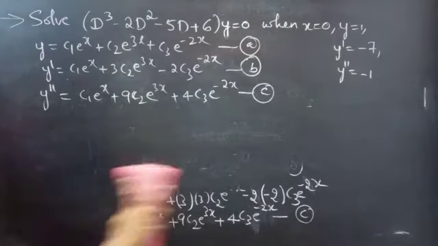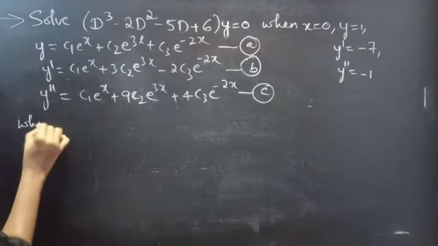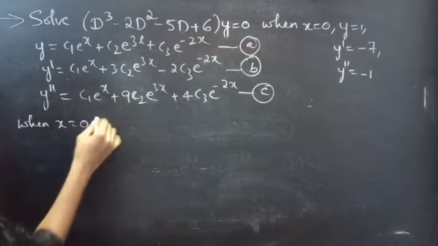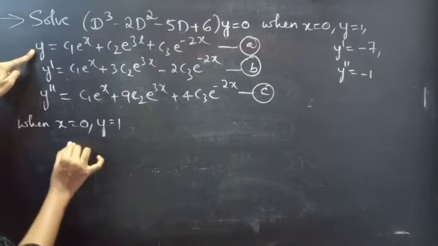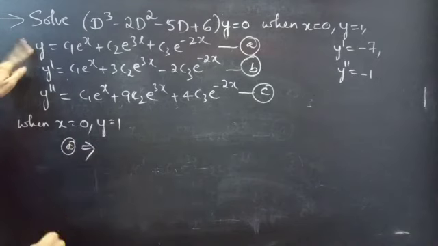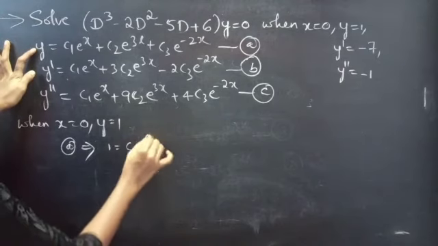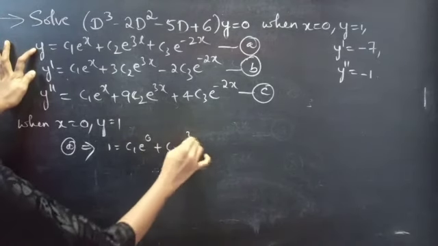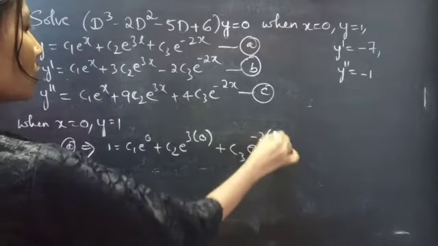Now we'll apply the given conditions. When x equals to 0 and y equals to 1, consider A. Put y equals to 1 and x equals to 0 in A. Then you'll get 1 equals to c1 e power 0 plus c2 e power 3 into 0 plus c3 e power minus 2 into 0.